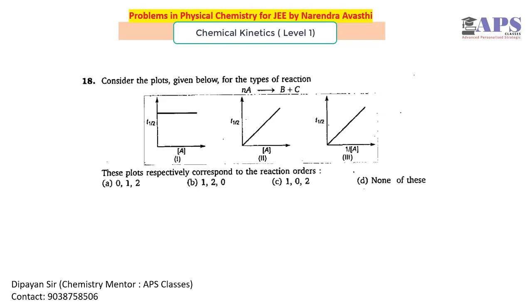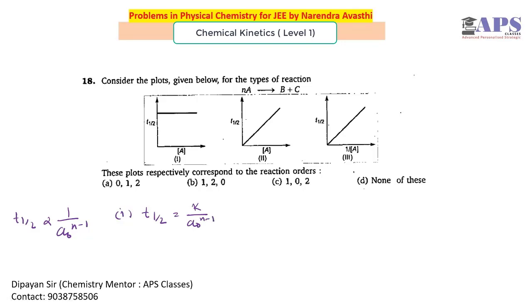For question number 18, as we know, T half is proportional to A0 to the power n minus 1. For graph 1 it is a constant, so we can write that T half equal to k A0 to the power 1 minus n.